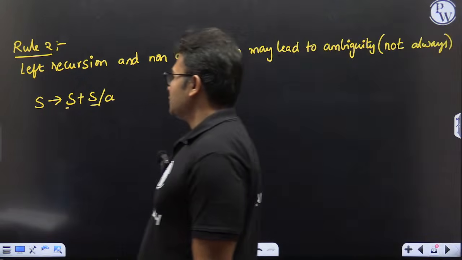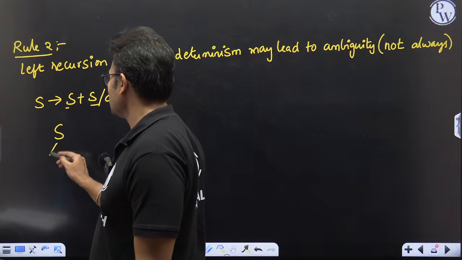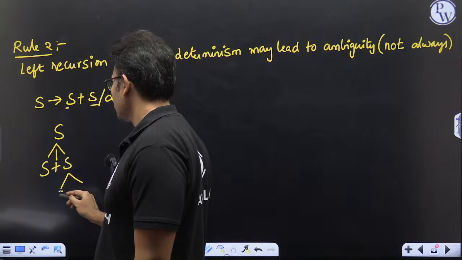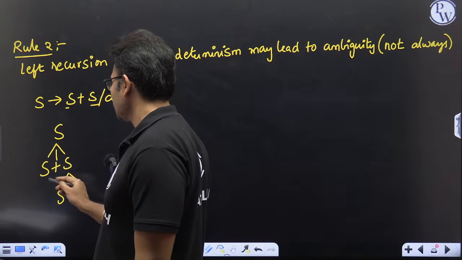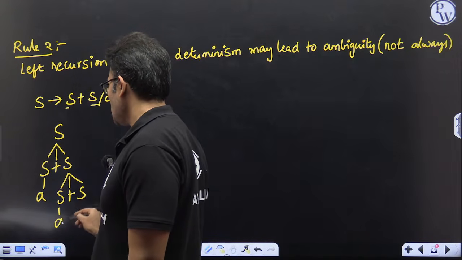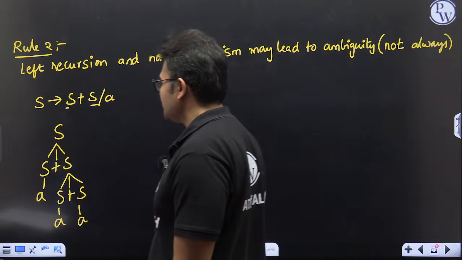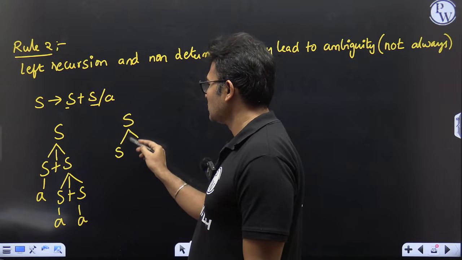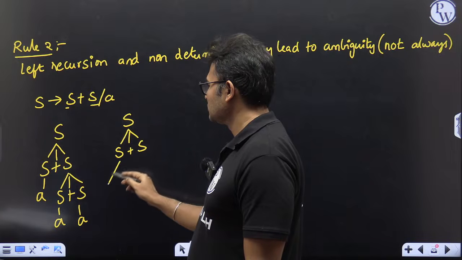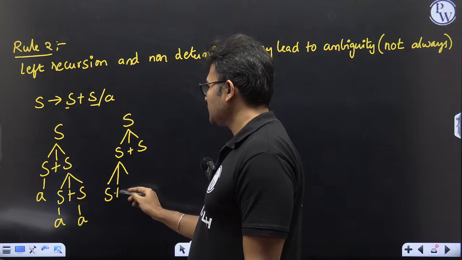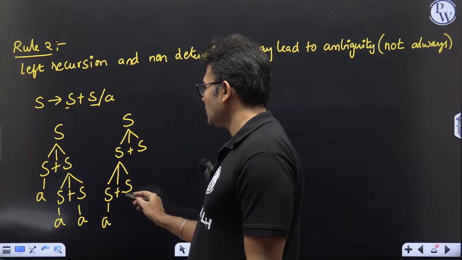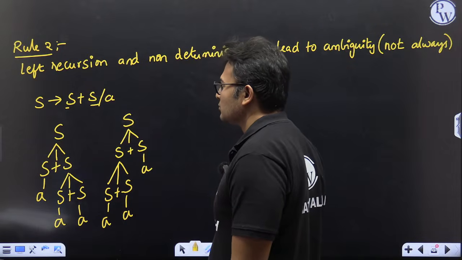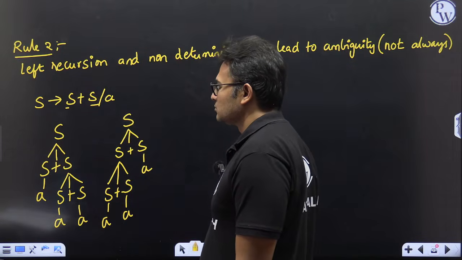It is ambiguous, right? S derives S plus S, S plus S, A, A, A. This is A plus A plus A. Similarly, S derives S plus S, S plus S. This is A, this is A, this is A. Right?